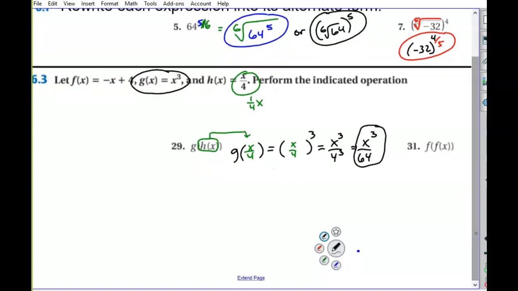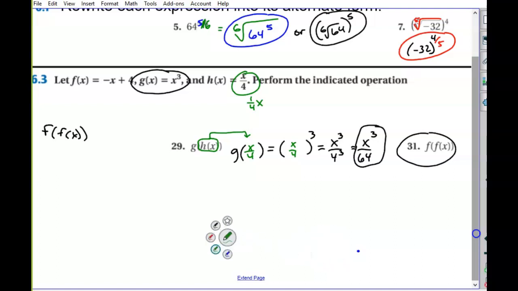All right, I'll do 31 over on this side because it deals with f. So, f of x. Well, I have to just replace the inner part with what is f of x equal to. That's negative x plus 4.